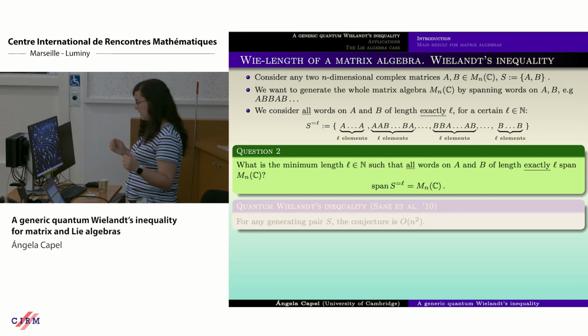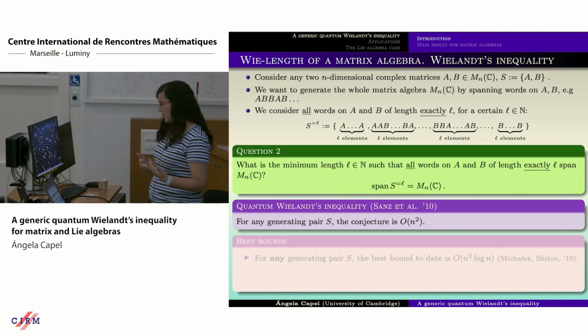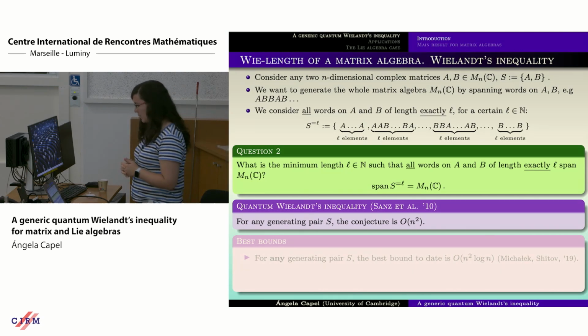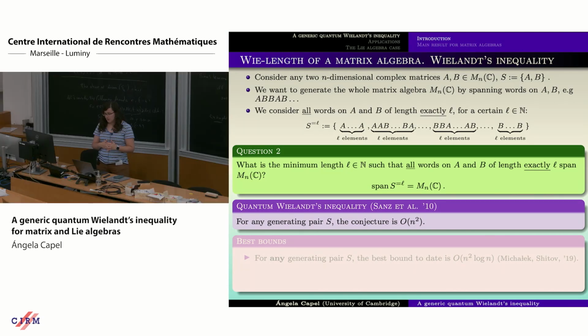So when do we know that the words on A and B of length exactly L span the whole matrix algebra? It's also a very natural question. And this paper is much more recent, but still it's a bit old, it's almost 15 years old. What was proven in this paper of Michael Sanz and some co-authors is that for any generating pair S, the conjecture is of order n squared.